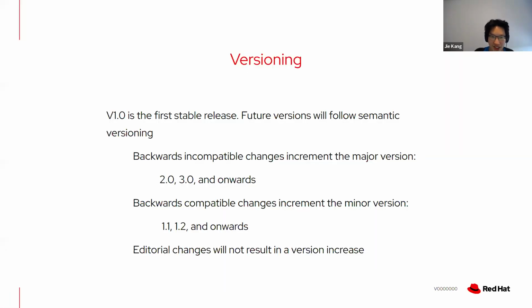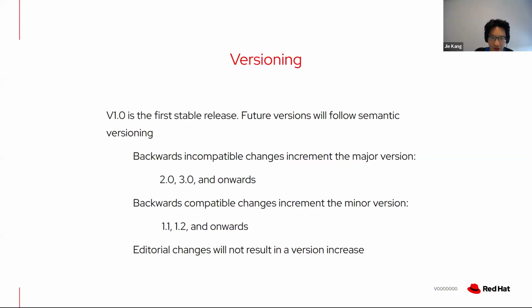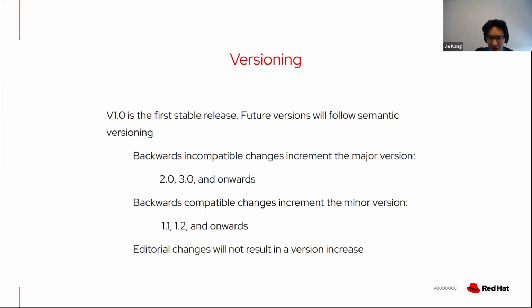So the first thing they mentioned was they've settled on the versioning scheme for their future updates and releases. So version 1.0 is the first stable release, and they will follow semantic versioning for future releases. So major releases 2.0, 3.0, and onwards will include backwards incompatible changes.